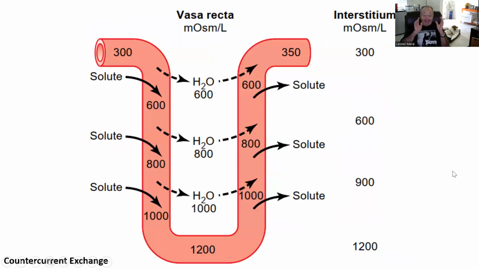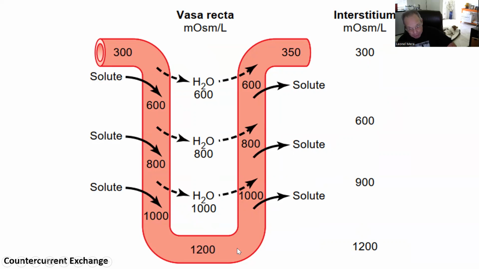Now, the last step in this whole business is the vasa recta, meaning the capillary bed that is surrounding the tubules. At the beginning of the vasa recta, when it's in parallel with the proximal convoluted tubule, you are going to have an osmolarity very close to the blood, which is 300. As it goes down, we lose water, but we gain solute.